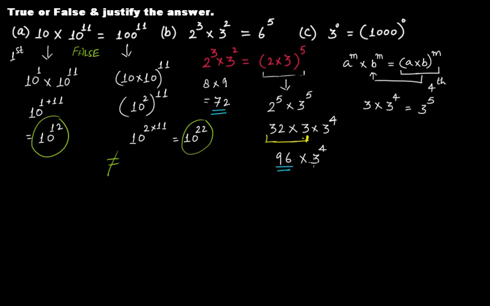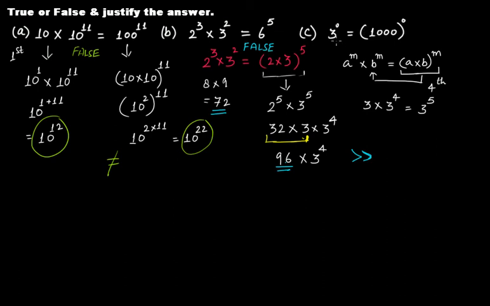So there's no need for further multiplying, because 96 is already greater than 72, and if we multiply further with 3 to the 4th power, our number will be much greater than 96. So we don't need that. Here 96 times 3 to the 4th power is clearly greater than 72, so these two are not equal. So this is also false.